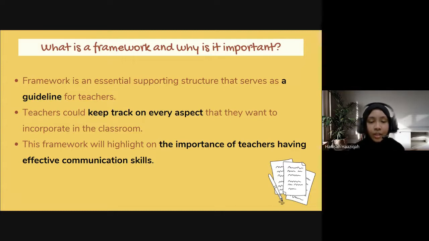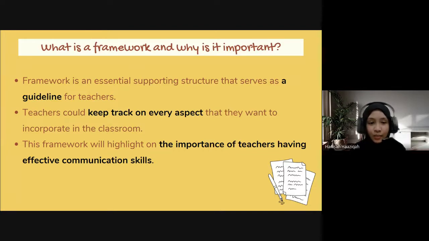By having a framework, a teacher can keep track of every aspect they need to apply in the classroom, so they are always prepared and always know if they are on the right track or if they have already applied the things they wanted to apply.